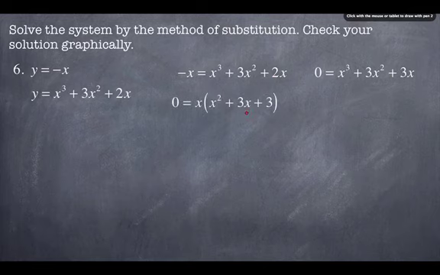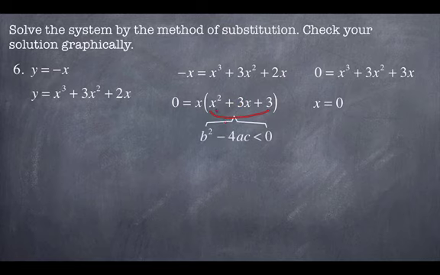At this point, you're going to notice again that this is not factorable. The discriminant is 0. You apply the quadratic formula, you're going to get an imaginary number. So that's why you only have x equals 0. And again, the discriminant is less than 0. So then at this point you find the y value, you plug it in here, and you get 0, 0.